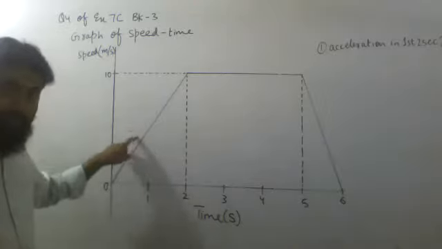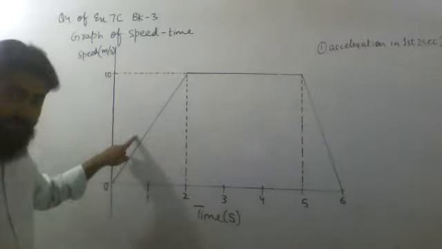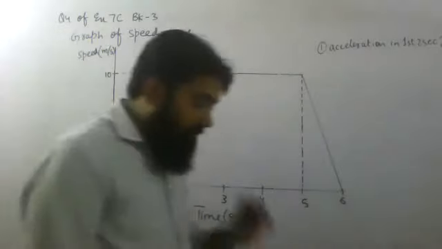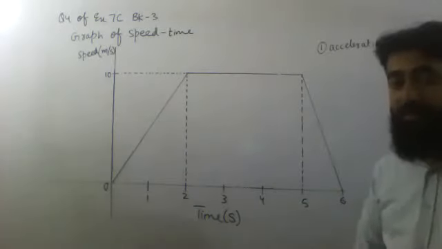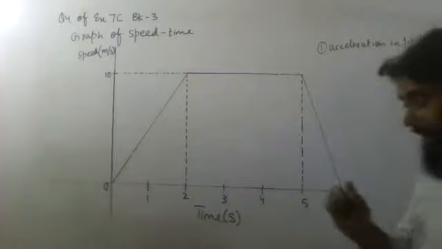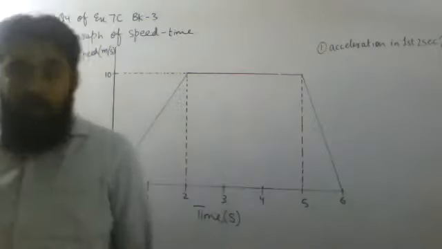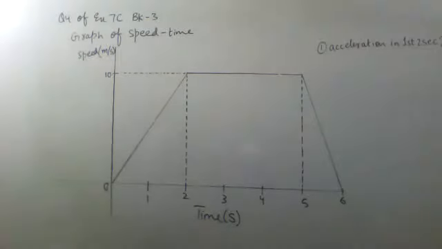Second thing, whenever we have to find the acceleration in speed time graph, we always find the gradient of the line. So over here also I'm going to find the gradient of the line.